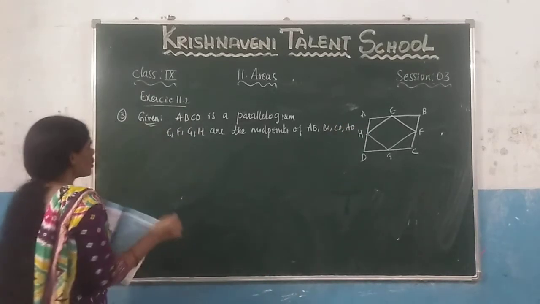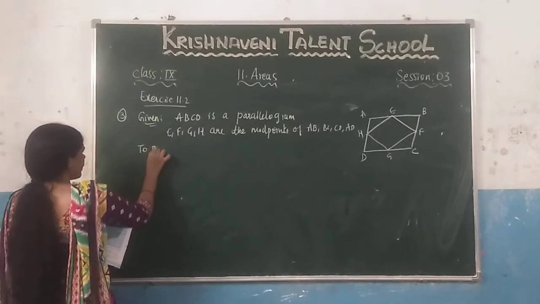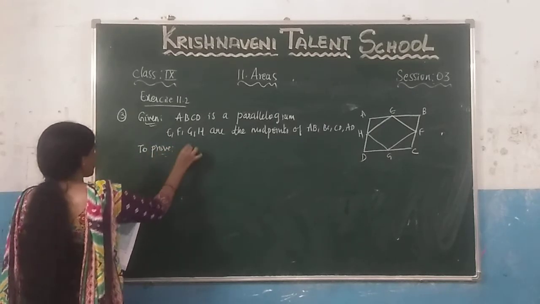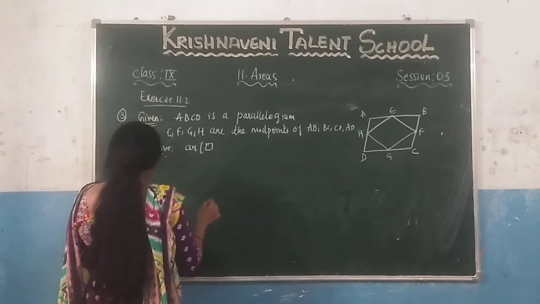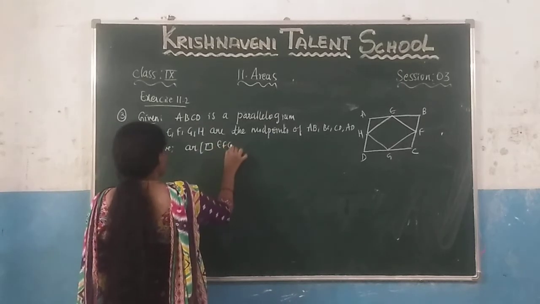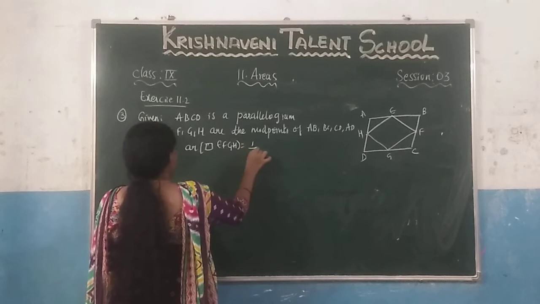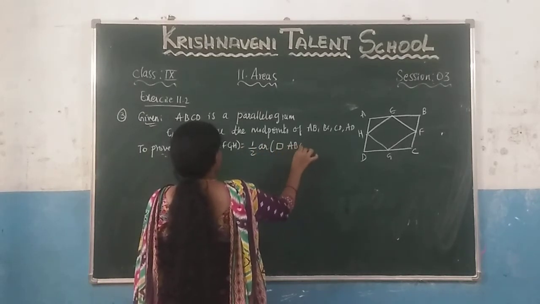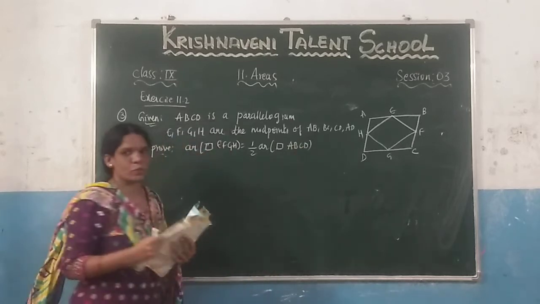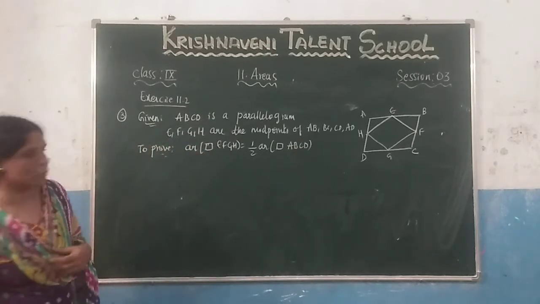Right? And what we need to prove here? You need to prove the area of the parallelogram EFGH is equal to half times the area of the parallelogram ABCD. This is what we need to prove. Now let us see how to prove this.